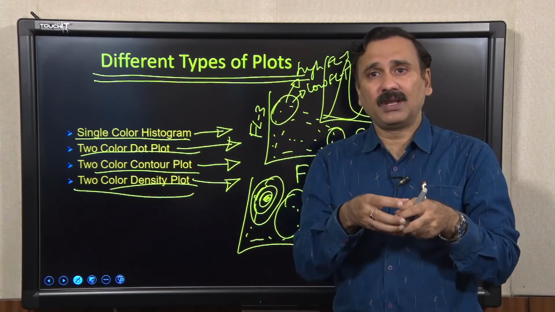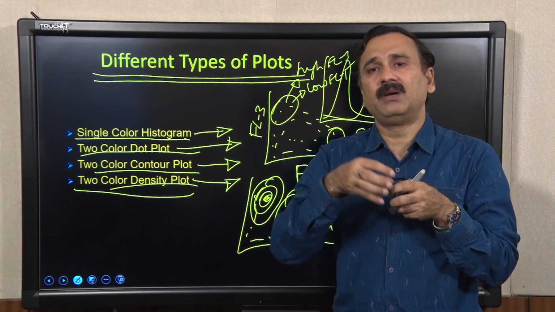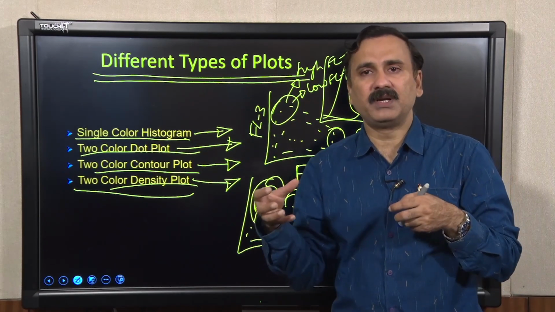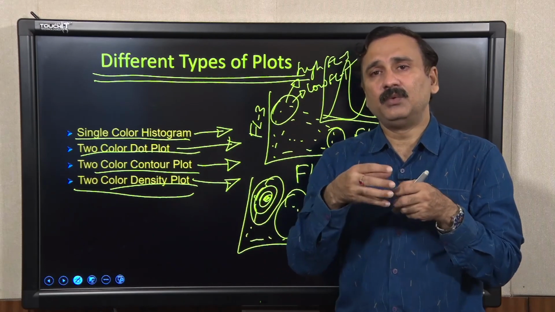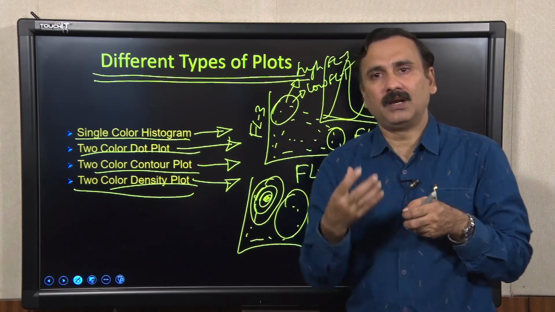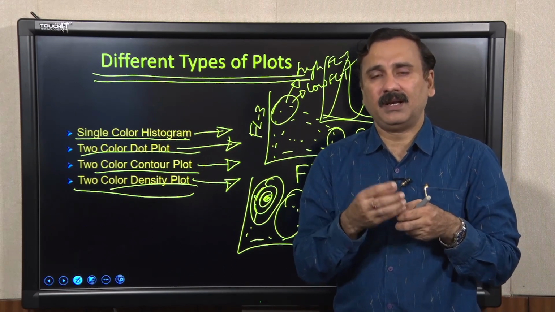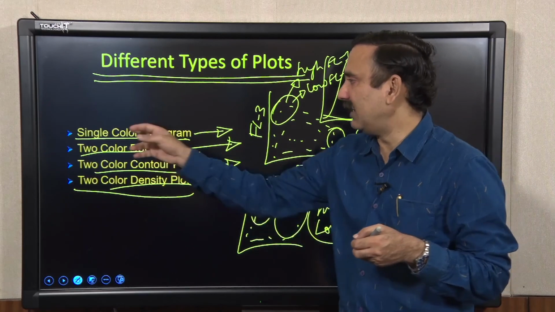On an individual cell you can ask whether this cell has one property, two properties, or both. So, the two color dot plot gives you more flexibility in analyzing the samples compared to the histogram plot.